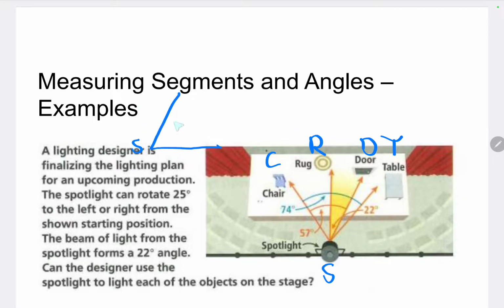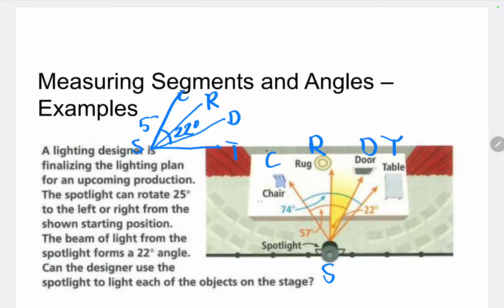having a vertex of S. We have C, R, D, and T. So right now where my spotlight is, RSD has a measurement of 22 degrees. My angle shown here, CSD, has a measure of 57.